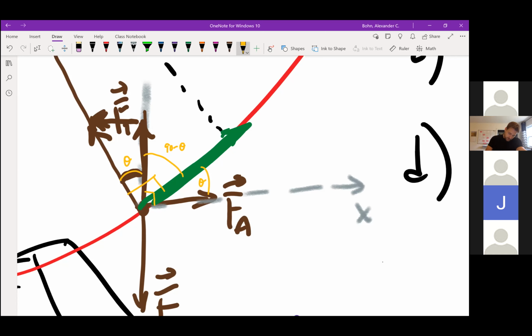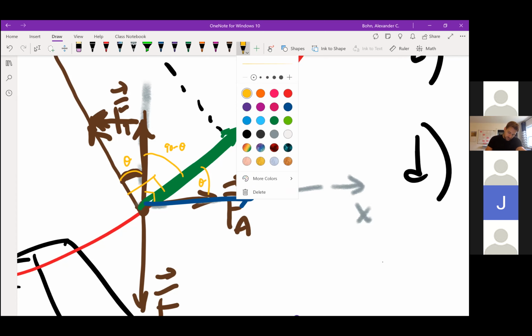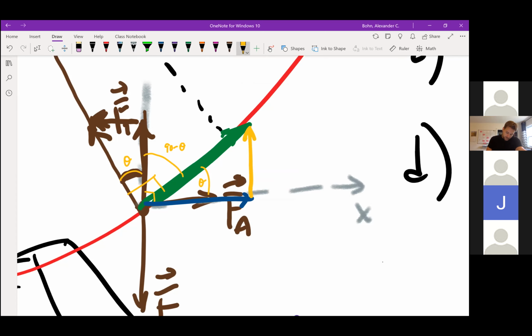So if we think about the components of the displacement, dr is the displacement, and the components are sine and cosine.